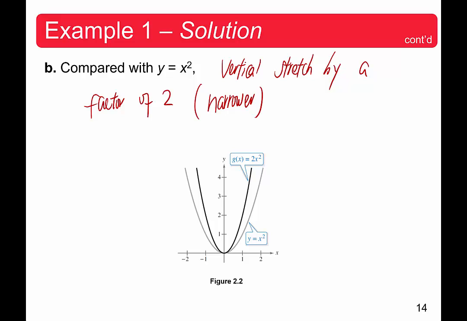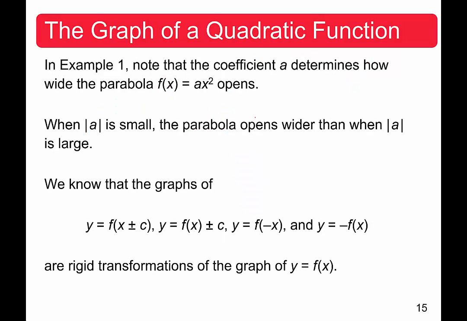Narrower indicates we have vertical shrink, horizontal shrink, and equivalent to vertical stretch. So when we look at the model f of x equal ax squared, when the absolute value of a is small, the parabola opens wider than when the absolute value of a is large.